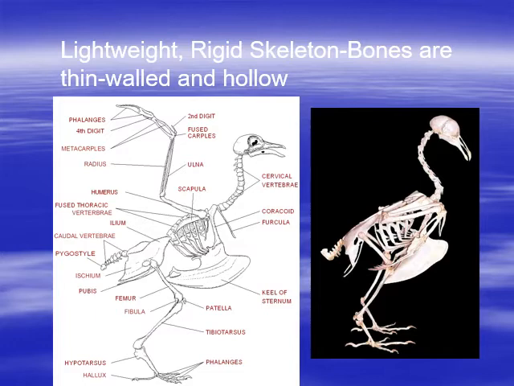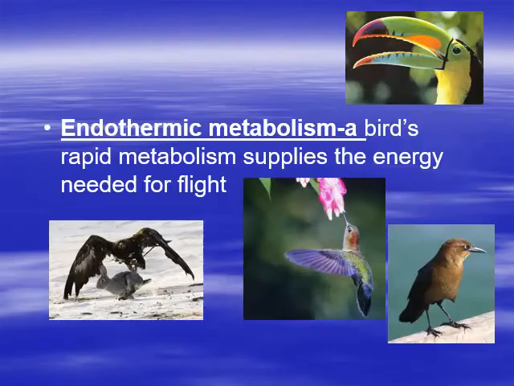There's no energy being lost when they're moving, so it allows them to fly much more efficiently. We'll also talk later on about their bones being hollow for the most part in many birds. This also gives them a lightweight structure that they're able to use for flight.